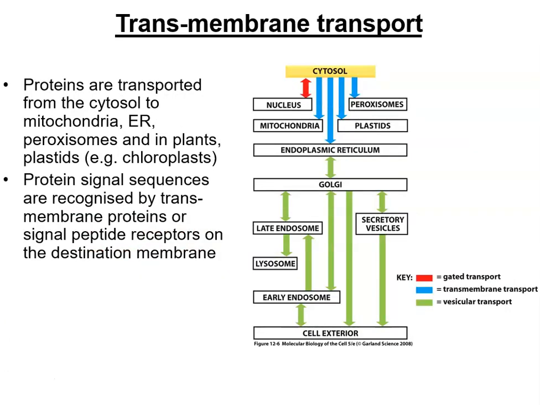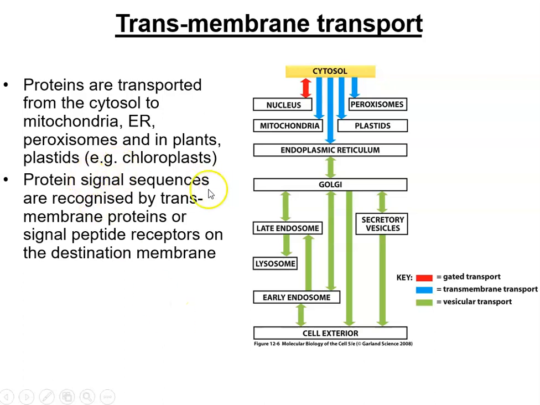So I'm now going to cover the basics of the transmembrane protein transport system. In this system, proteins are transported from the cytosol to the mitochondria, endoplasmic reticulum, and in plants, the chloroplasts. So almost all of the proteins present in mitochondria and chloroplasts are made by the free ribosome cycle, and those proteins have to make their way to that destination. So to get there, they have to have a signal sequence on them.